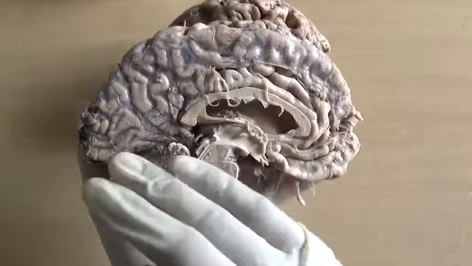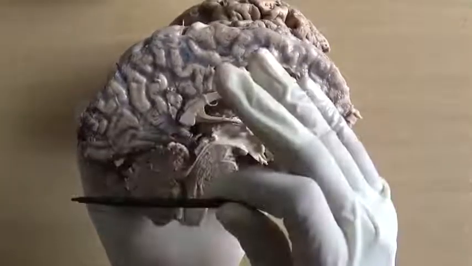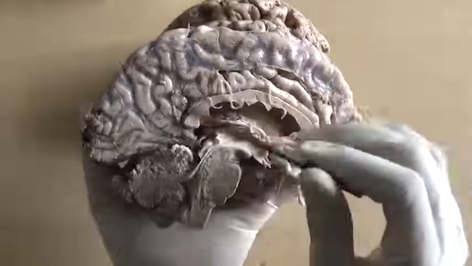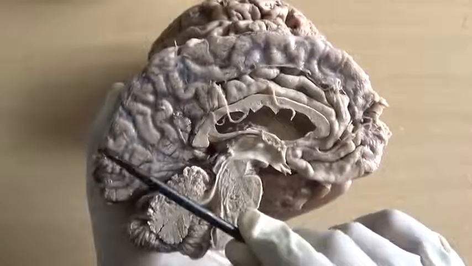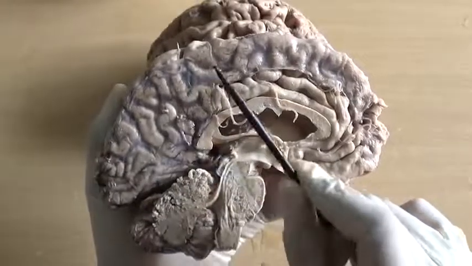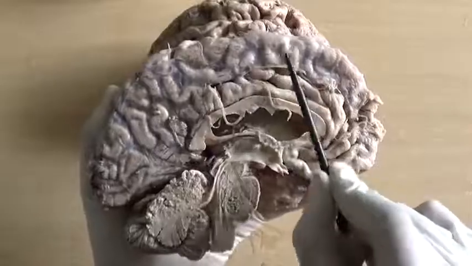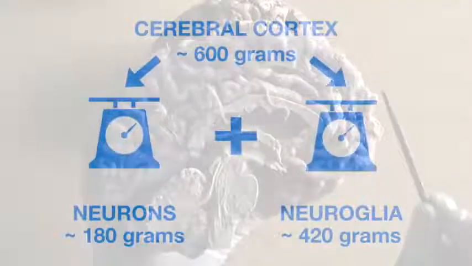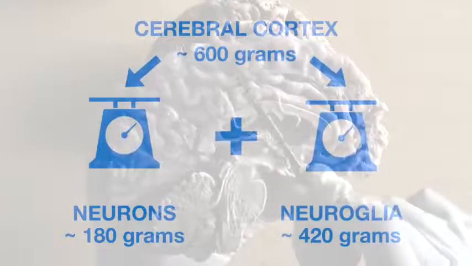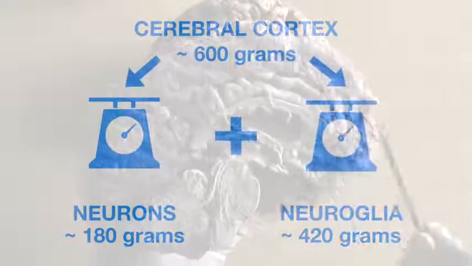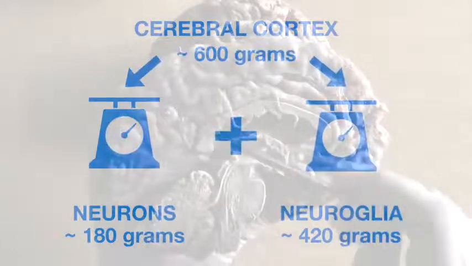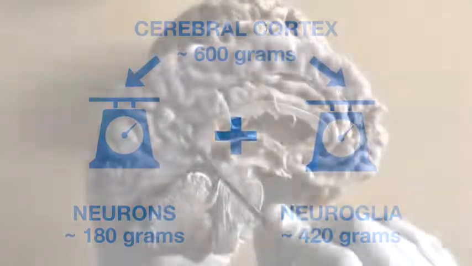Just imagine this many neurons and neuroglia accommodated within the cerebral cortex. If we talk about it in terms of weight, then out of 600 grams of weight of the cerebral cortex, 180 grams belong to neurons, and the remaining 420 grams is the weight of neuroglia.